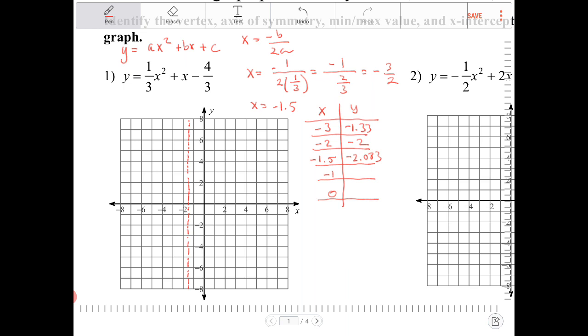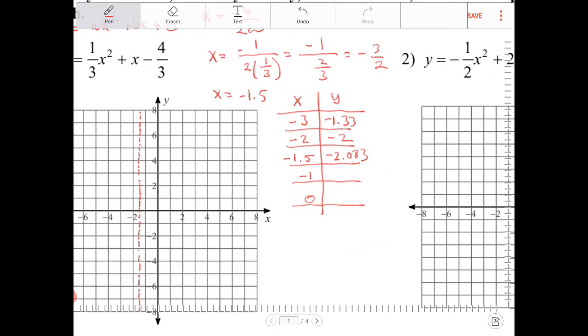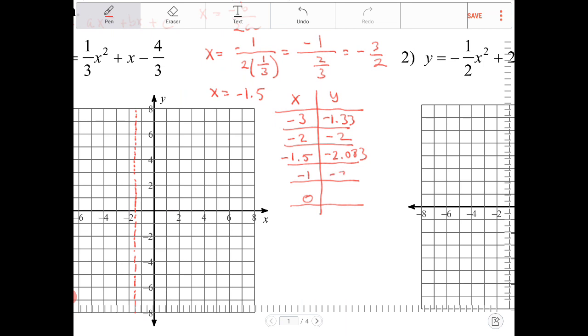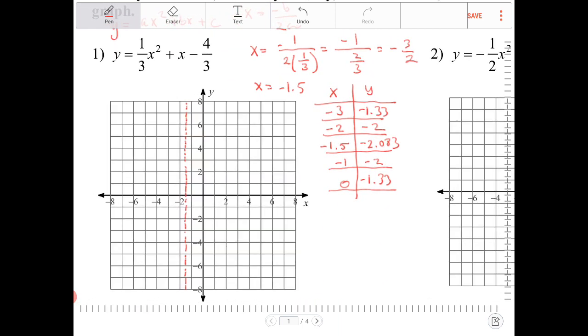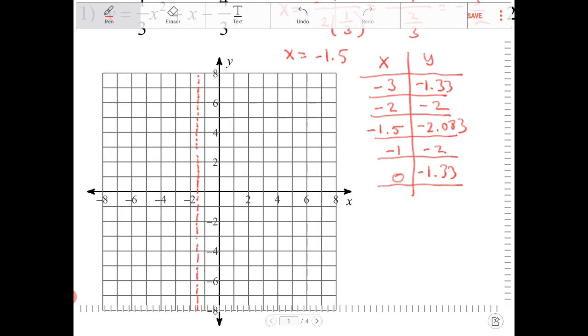And then -1 and 0. And 0. Of course, it's going to be symmetrical, right? So that was to be expected. So it's -2 and then -1.33.